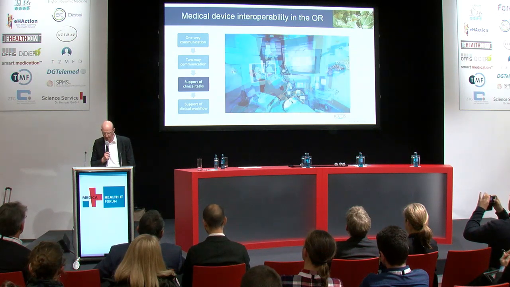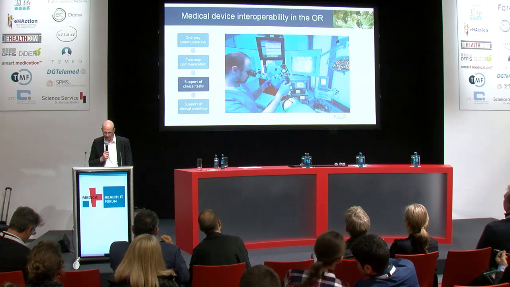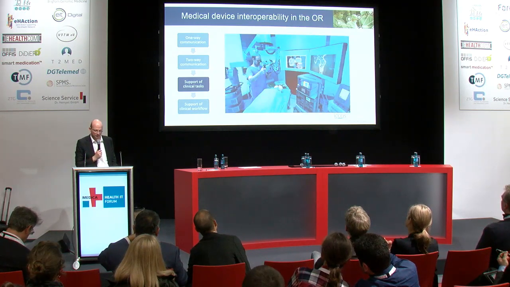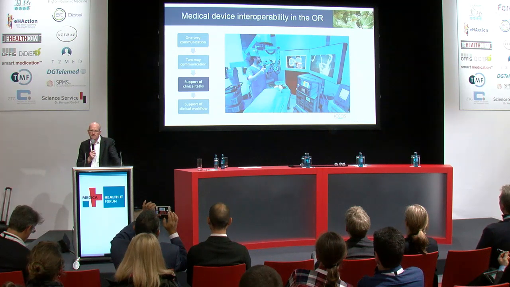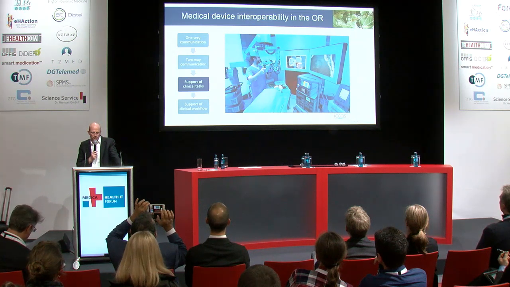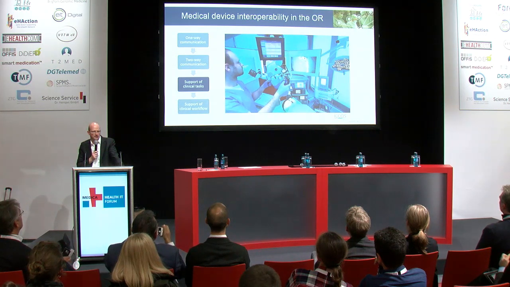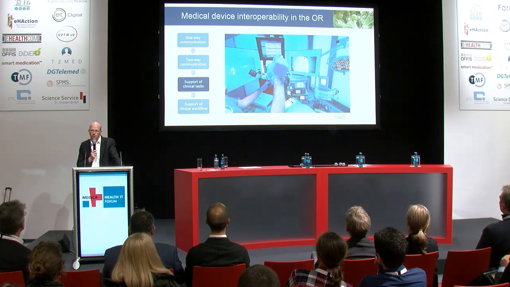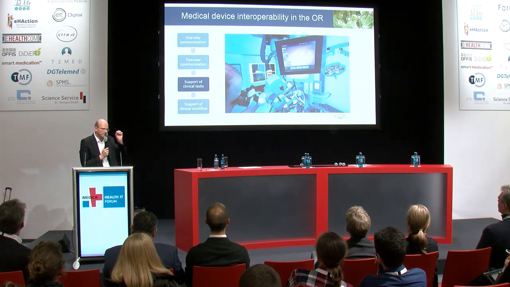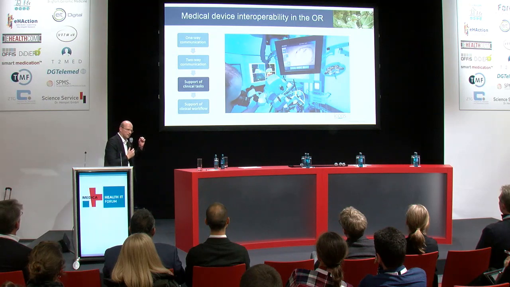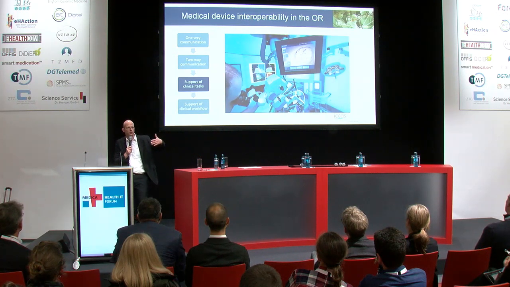So here you see again a microscope. The surgeon is using the microscope, and the zoom value of the microscope is transferred as a parameter to a PACS system. And the CT slice in the PACS system is selected according to the zoom value. That means if the surgeon has the point of interest and sees it in the microscope, the correct CT slice is selected automatically for him.